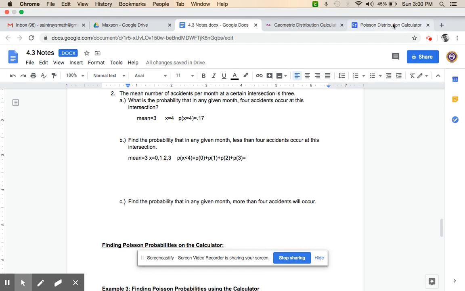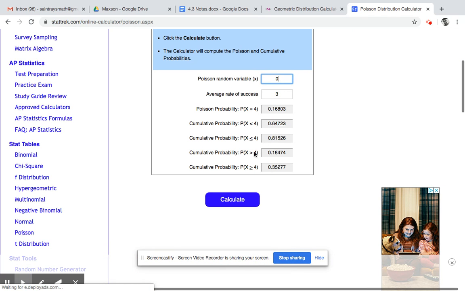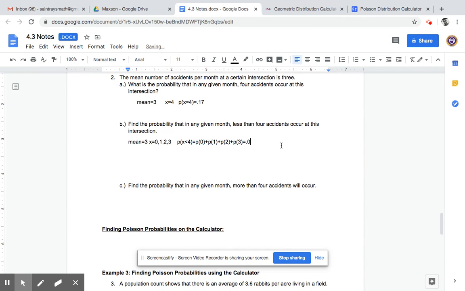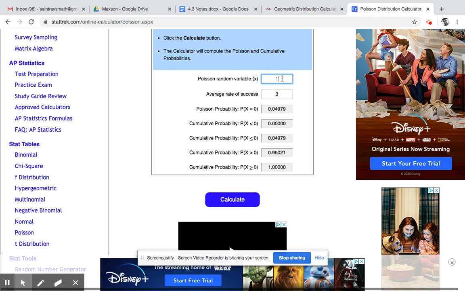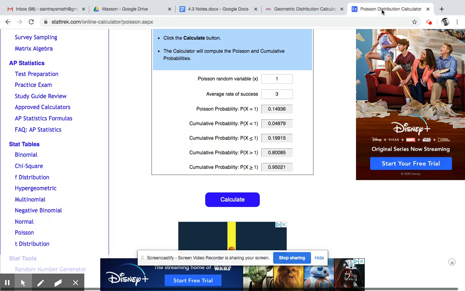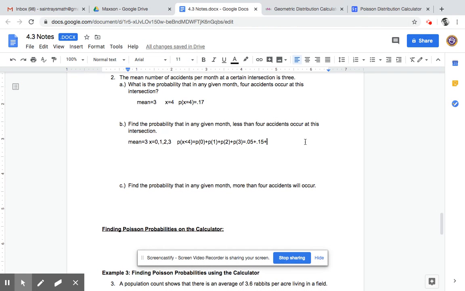So let's go into our calculator. Our average is still 3, but now we want to find for 0, and when we calculate, we get 0.049, so 0.05. For 1, we get 0.149, so 0.15. For 2, we get 0.224, so 0.22.